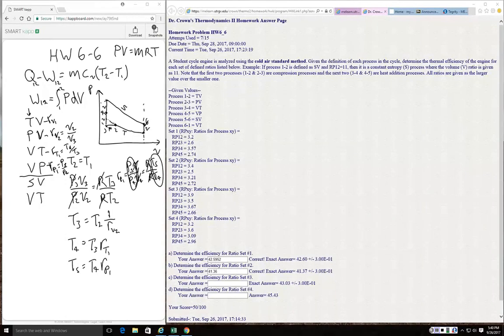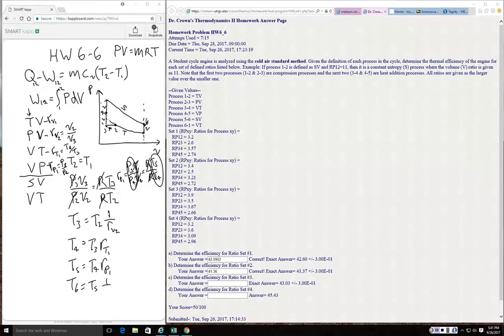And then finally, T6 equals T5 times 1 over the compression ratio to the K minus 1, but let's look at what that is.